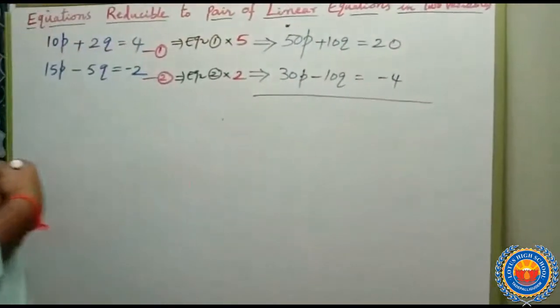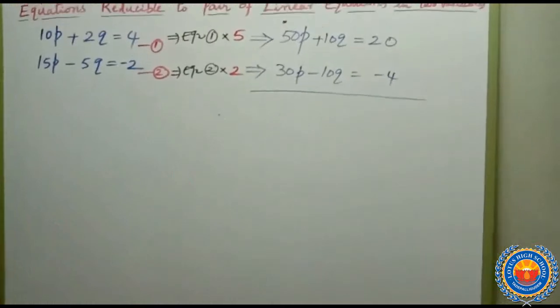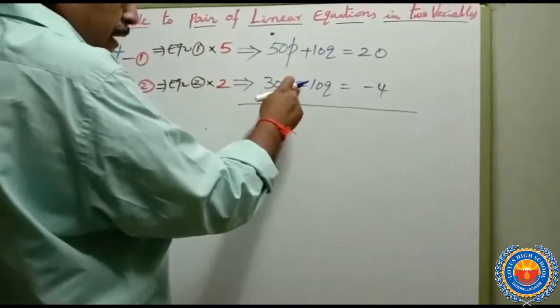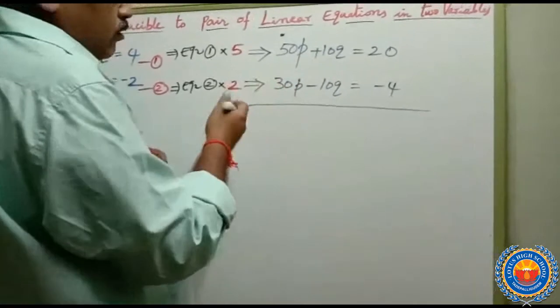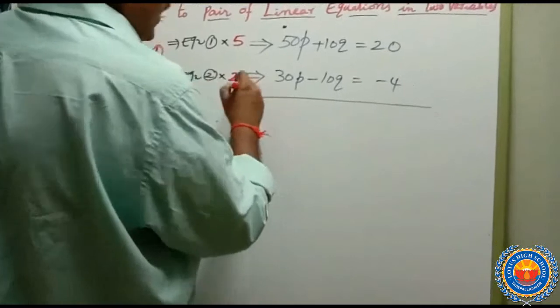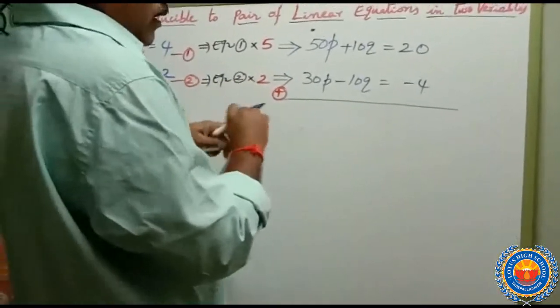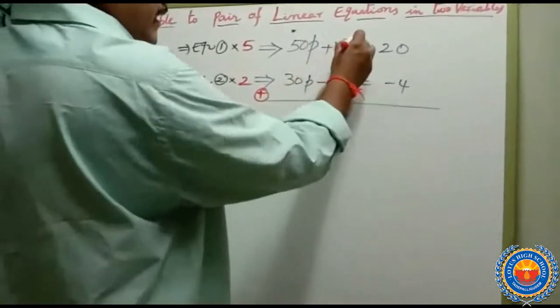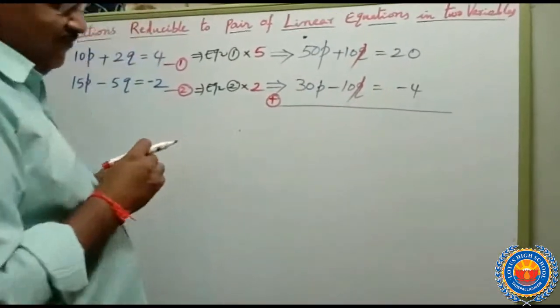Now I'm going to eliminate q. So actually here plus symbol is there, here minus symbol is there. That's why I can go for addition only. Here 10q minus 10q is equal to 0.